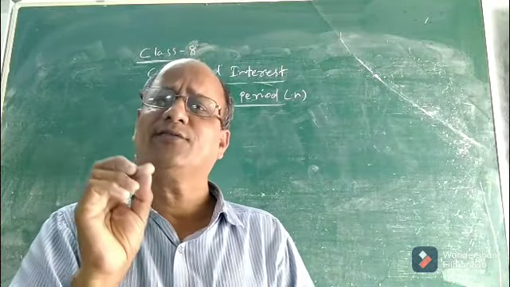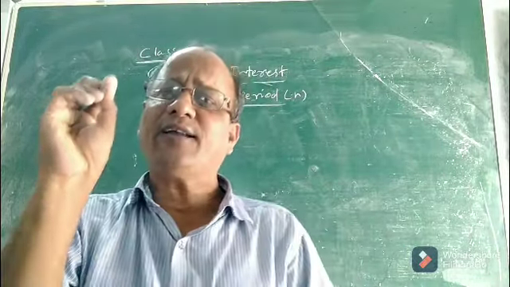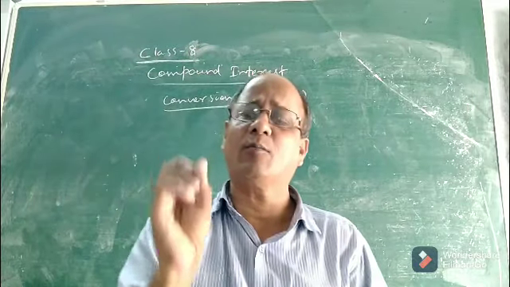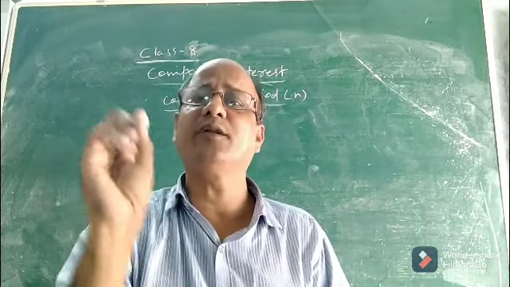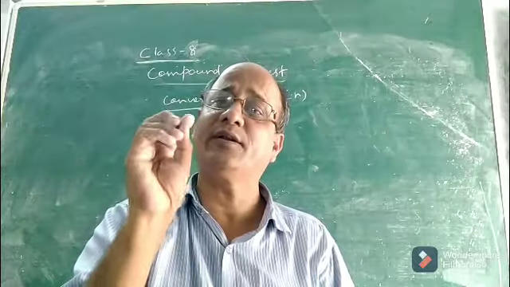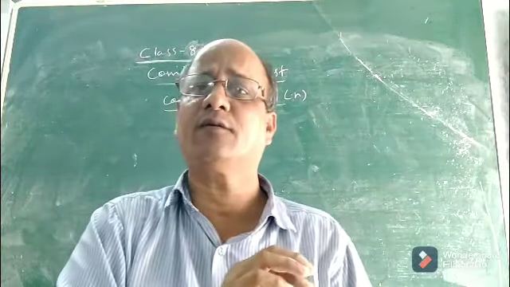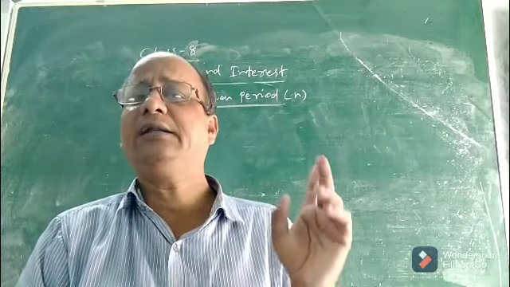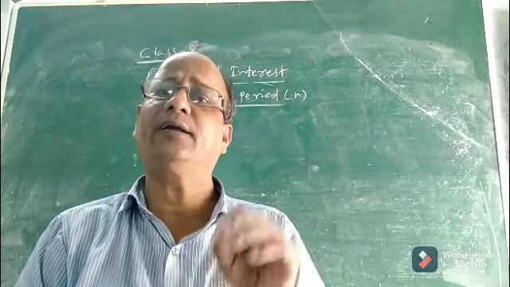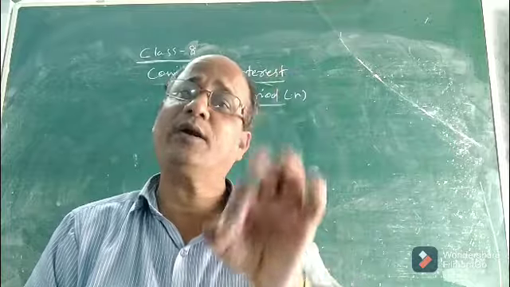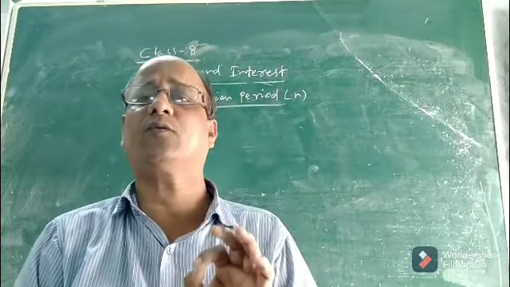Now the point is, in how many ways do these financial organizations compound the interest? Try to understand, it is very important. Then only we will go for the formula. So interest may be compounded annually, half yearly, or quarterly.